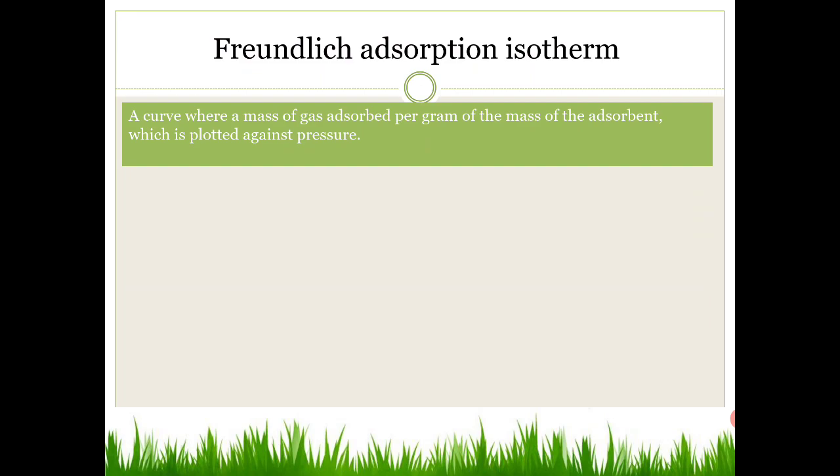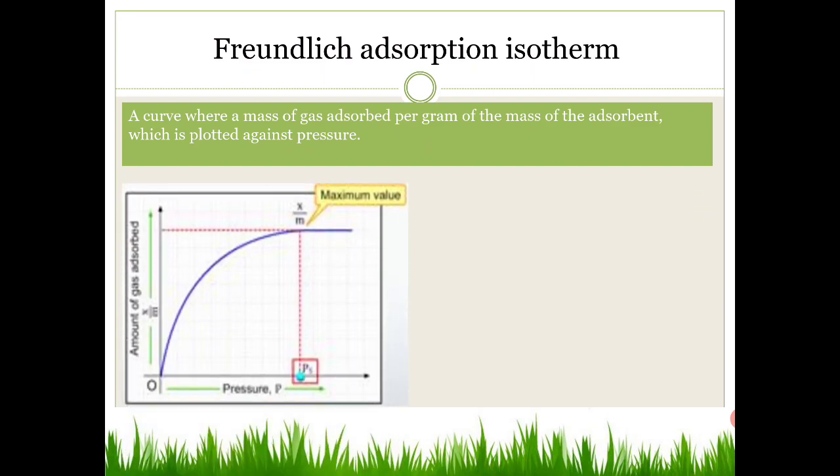The mass of gas adsorbed per gram of the mass of adsorbent, that is x by m, which is plotted against pressure. You could see in the graph, x by m is plotted against the pressure. So please look at the graph. This graph is important. What is the nature of the graph?